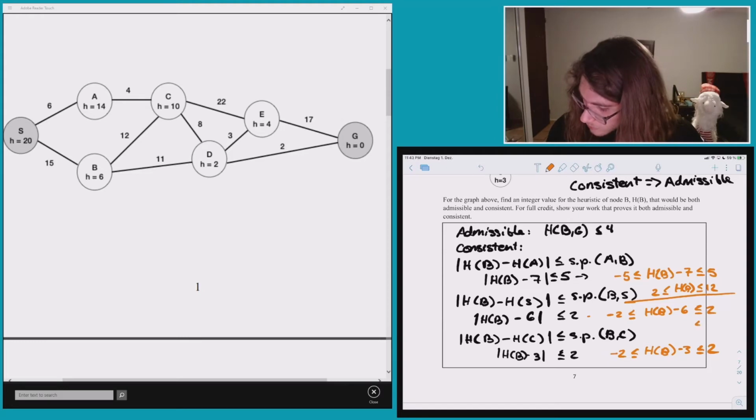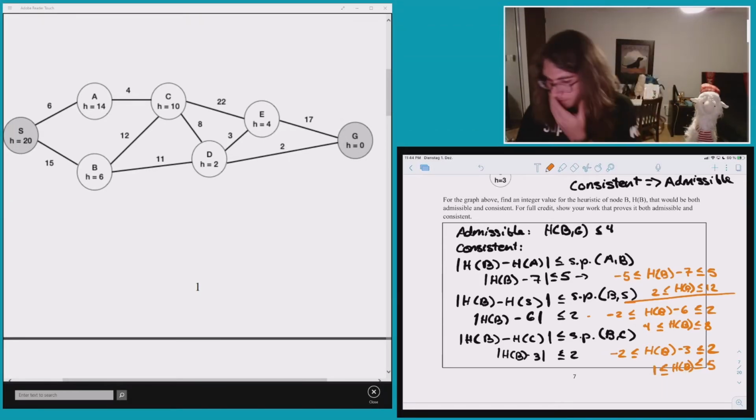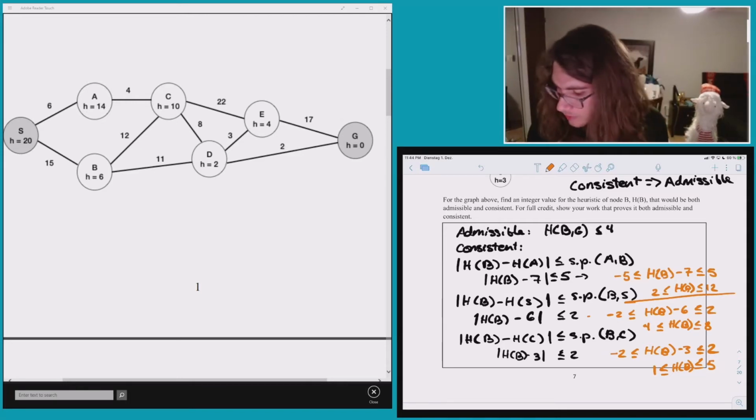Then it's also less than or equal to 8, greater than or equal to 4, less than or equal to 5, greater than or equal to 1. So these are the ones to look out for.